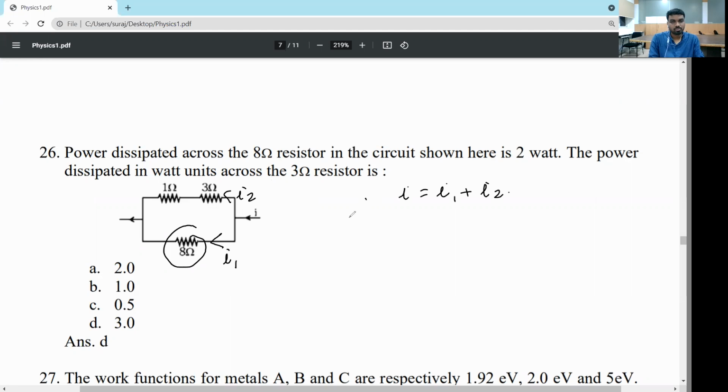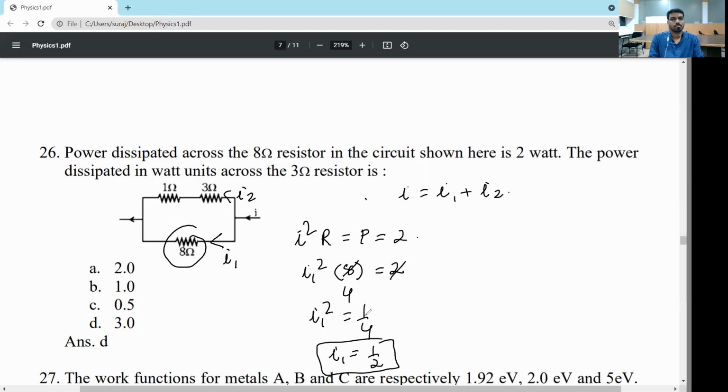So power at 8 ohm is given how much? I square R equal to power. This is given 2 watt. So I1 square times R, resistance is 8, equal to 2, right? So I1 square is equal to 1 by 4. I1 will be equal to 1 by 2.